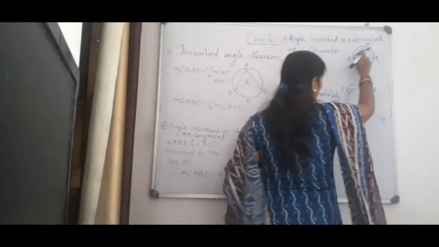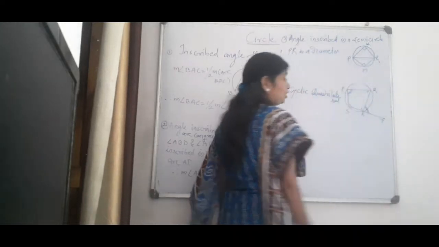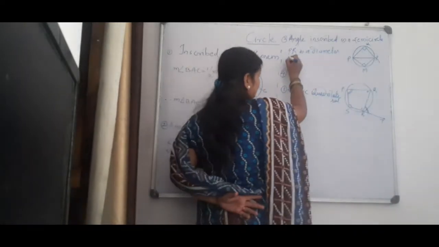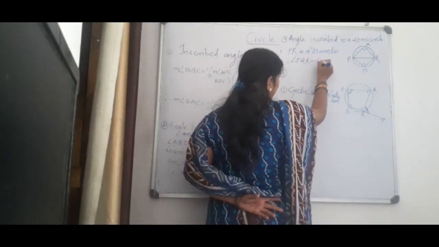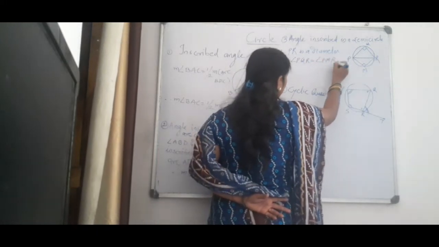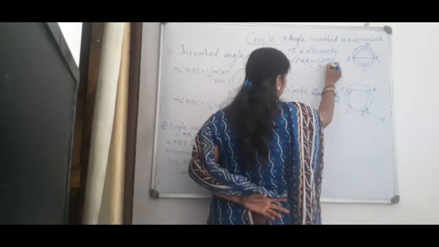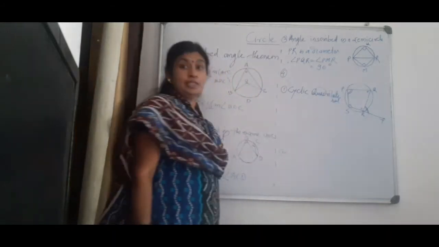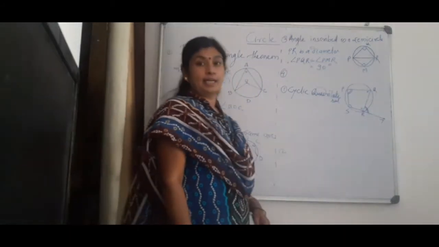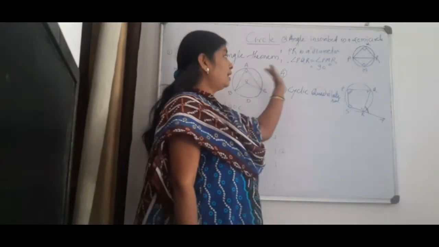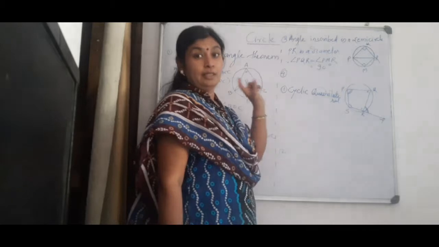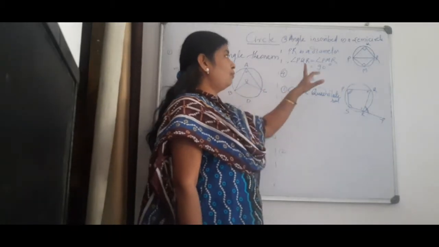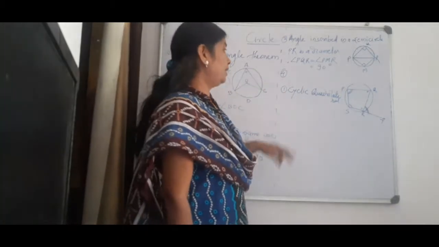Now angles formed by the semicircle are always right angles, and therefore angle PQR and angle PMR are equal to how much? 90. So what reason you have to write down? Angle inscribed in a semicircle, or angle formed by the diameter. Angle formed by the diameter is a right angle, and angle formed by a semicircle is also a right angle.